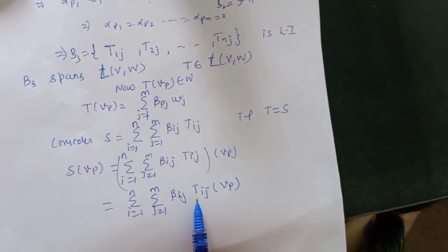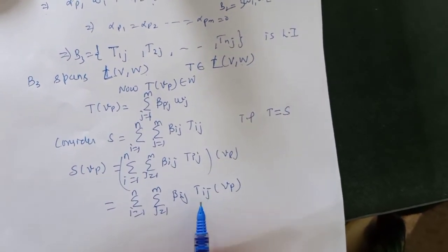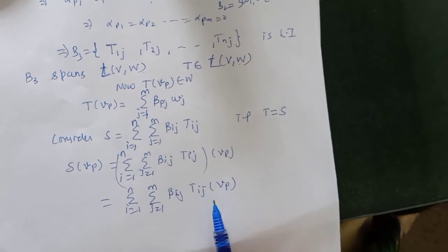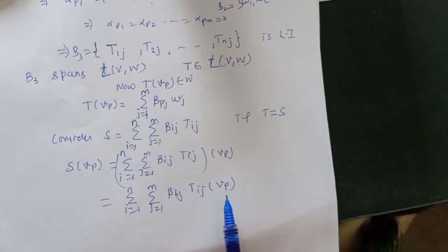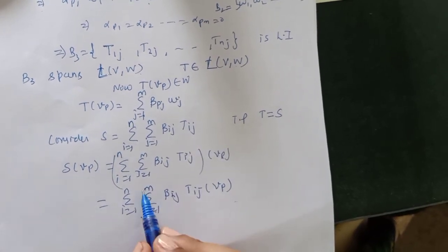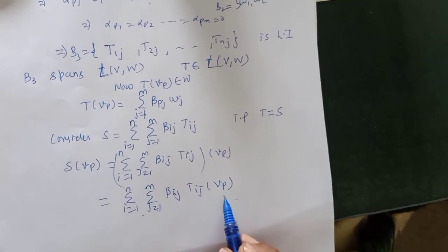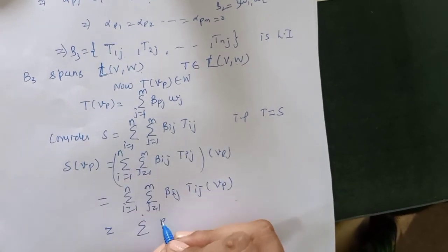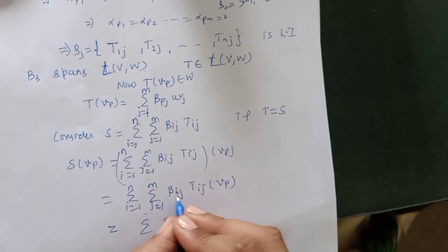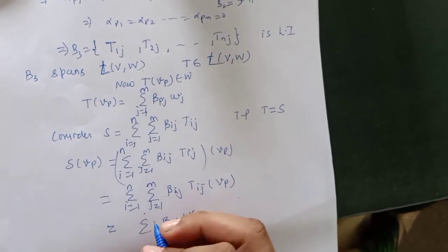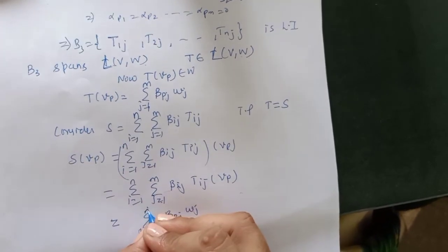Now recall the definition of Tij. Tij was taking Vp to the jth wj and making the remaining things 0. So all the things from j = 1 to m would go, only the jth element would survive. This will be beta pj, all those will go, only the jth element would survive among these.